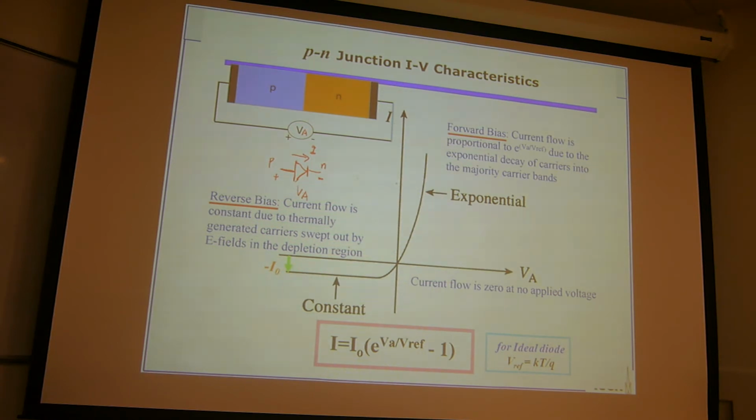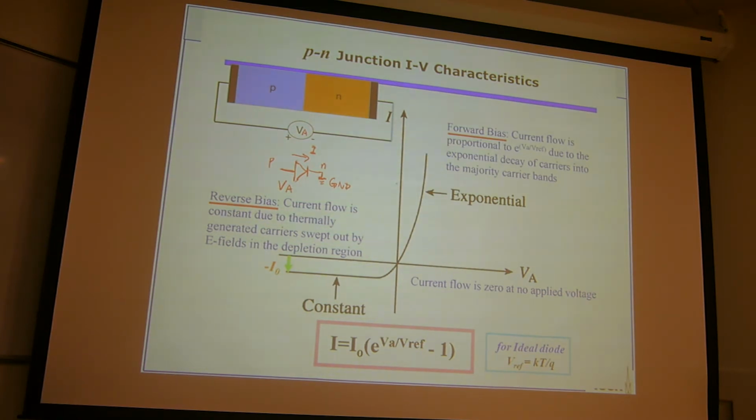So we can always assume, let's say, that the n-type is ground. This side is ground, GND. And then we apply the voltage to the p-type. Of course, you can assume the p-type is ground and then apply voltage to the n-type.